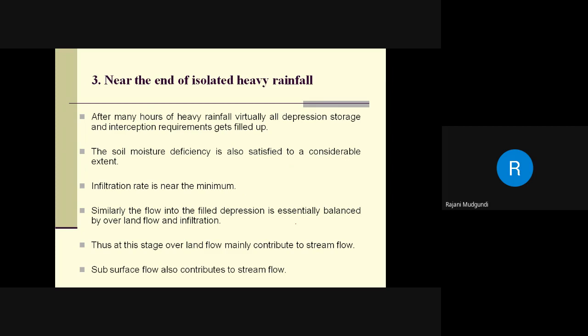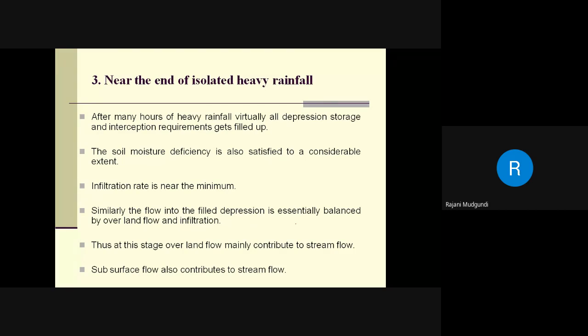So the storage which is required for natural as well as artificial storages will be completely filled up or fulfilled by the overland flow, or the water which is flowing and joining to that, and the infiltration losses. Thus, at this stage, the overland flow mainly contributes to the stream flow, or the water which is flowing in the river.